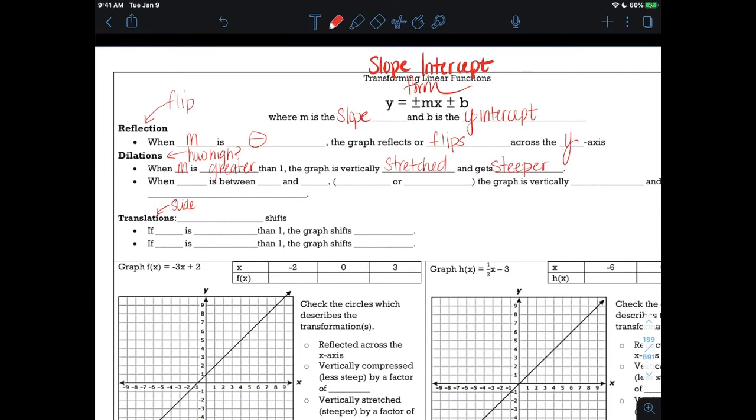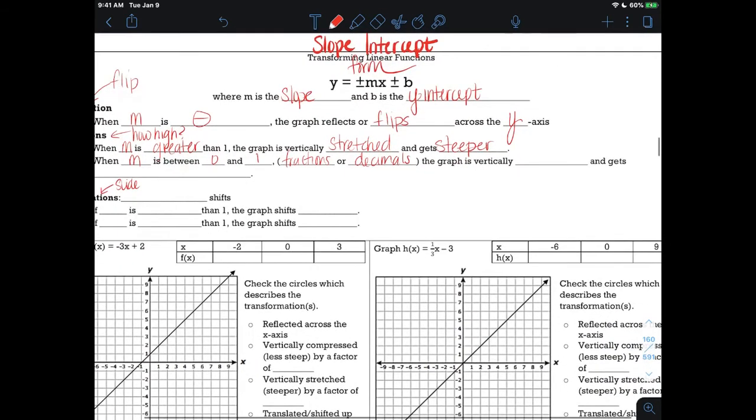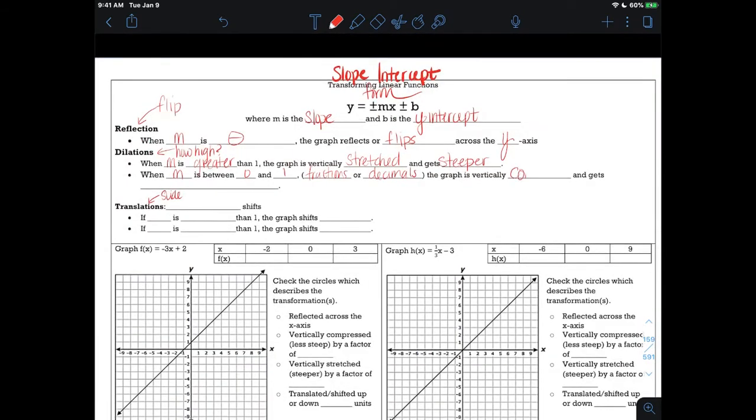But when m is somewhere between 0 and 1, such as fractions, decimals, the graph is vertically compressed and gets less steep. So you can think of that as getting squished or flatter.